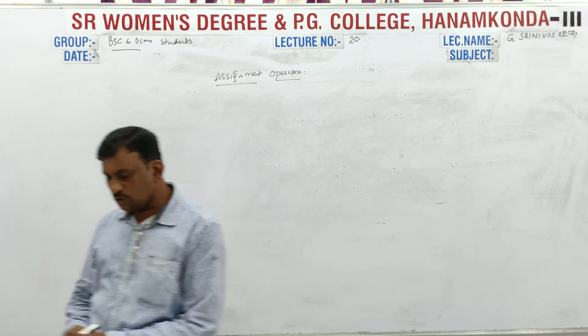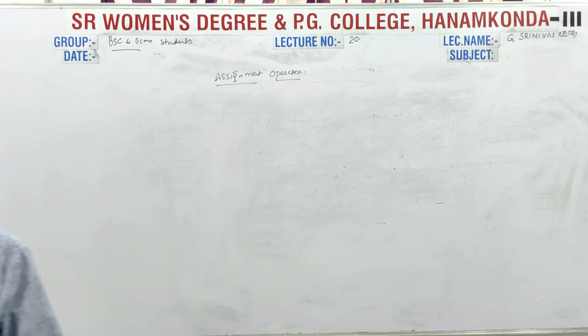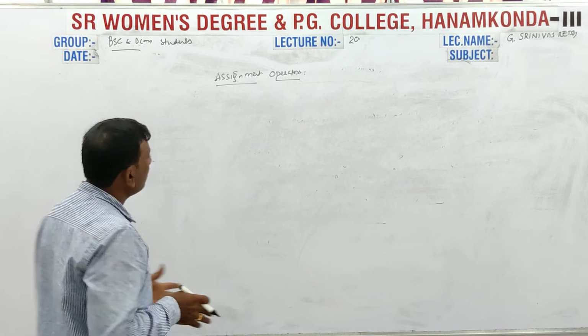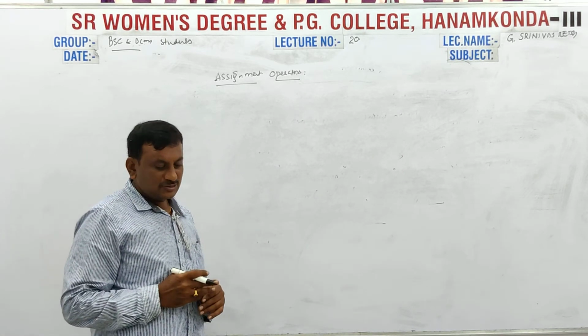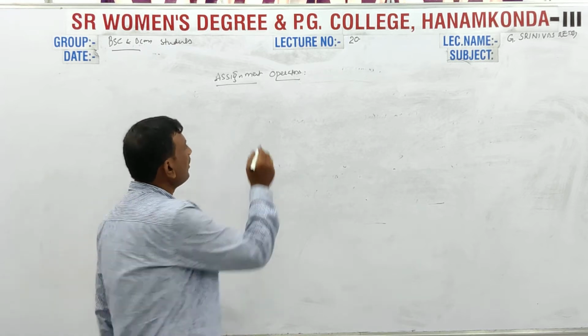Assignment operators are mainly used for assigning a value to a variable. That is the purpose of using assignment operators. A value or an expression can be assigned to a variable, and that is known as an assignment operator. The symbol is this symbol.